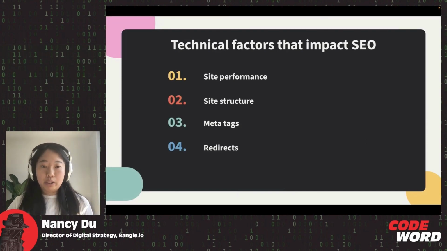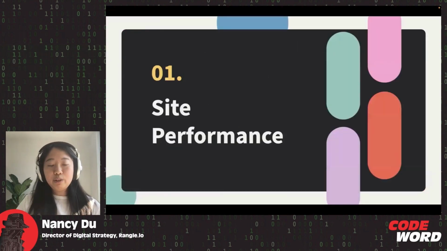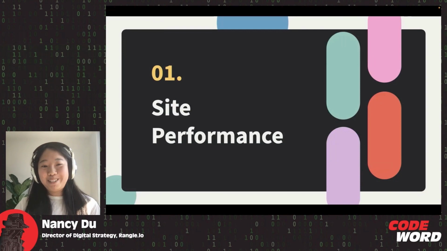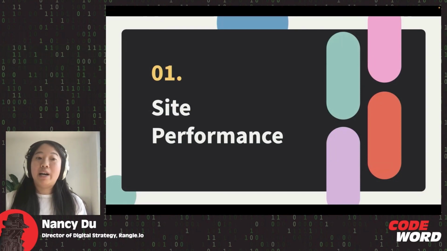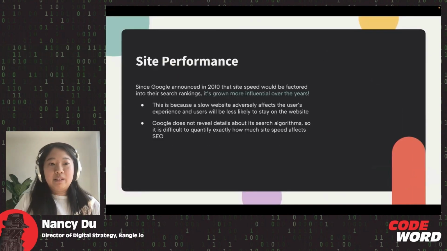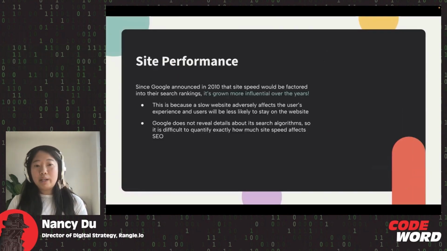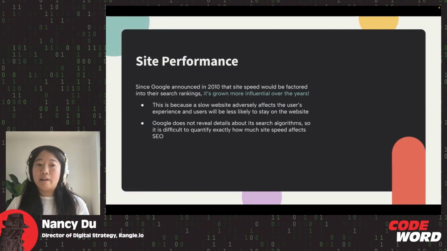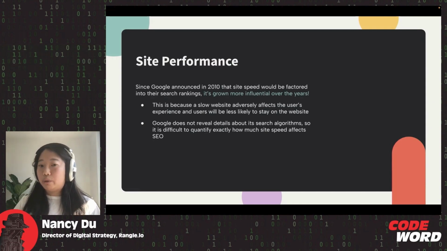So let's get into the first topic, which tends to be the largest topic, and it tends to also have the highest impact, at least from a technical perspective for your SEO, and that's site performance. Since 2010, Google has announced that site speed would be a factor that goes into their search ranking algorithm, and it's definitely grown more influential over the years.